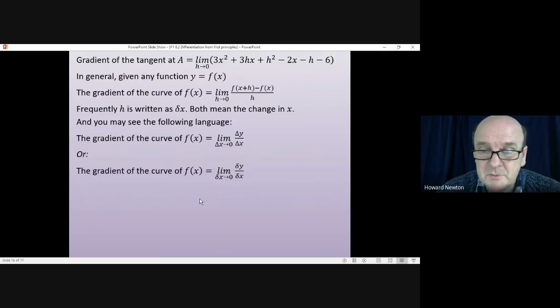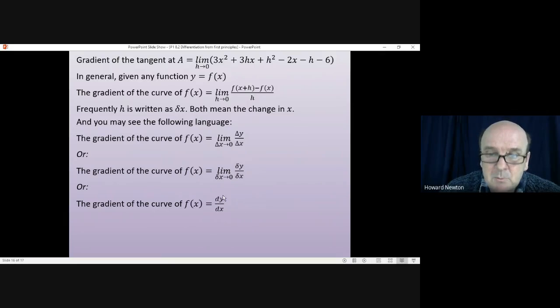Or, in terms of the lowercase, you'll frequently see this written in textbooks, that the gradient of the curve is equal to the limit, again, as delta x tends towards 0, of delta y divided by delta x. And these Greek letter Ds, the capital D and the lowercase d, are what become dy by dx in the formal language for differentiation.